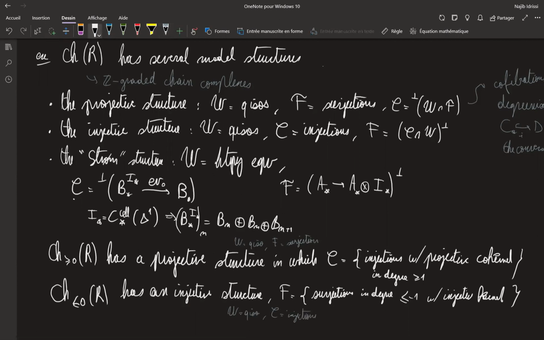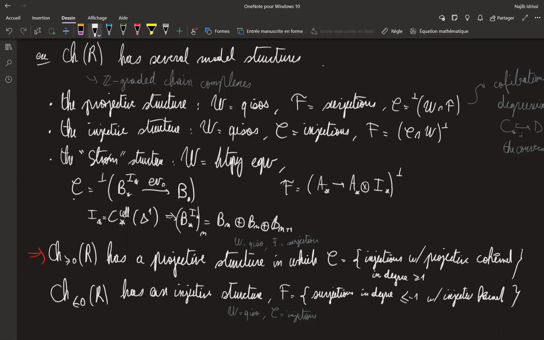So one of the goals of this chapter is to prove this one, right? We are going to prove that this is a model category, which is already not easy. The question: are the first two Quillen equivalent?